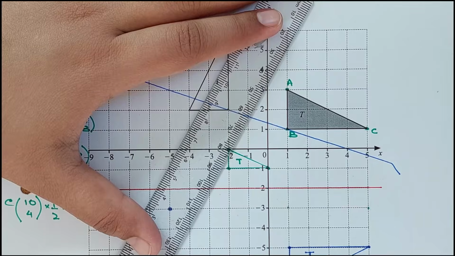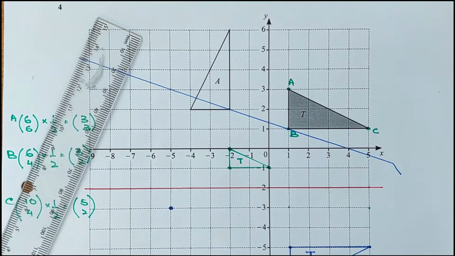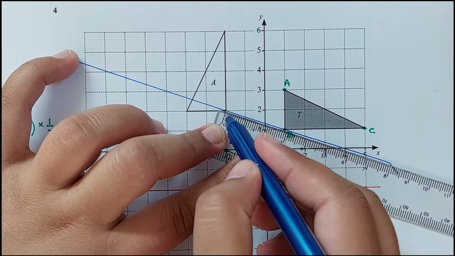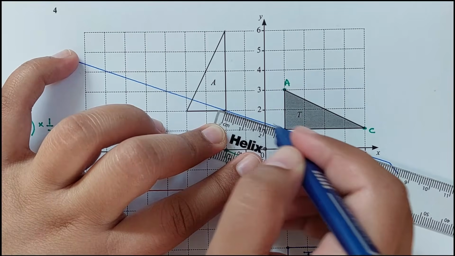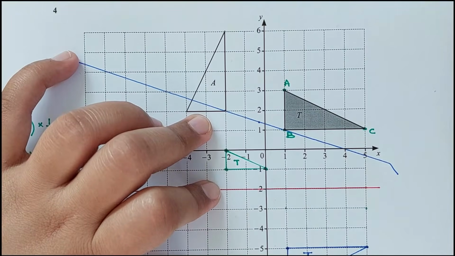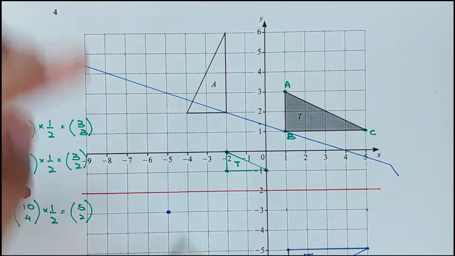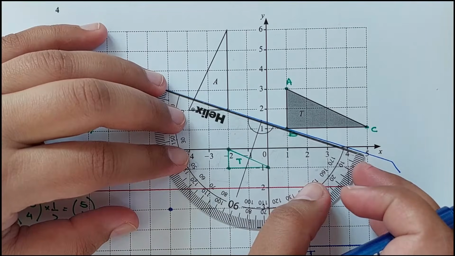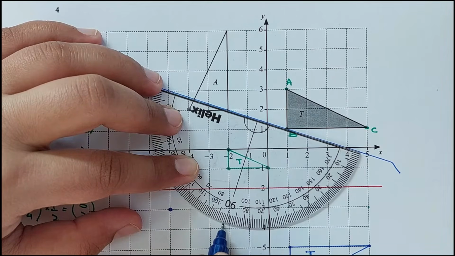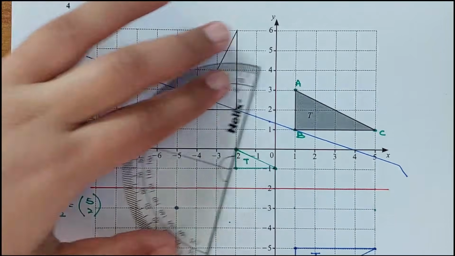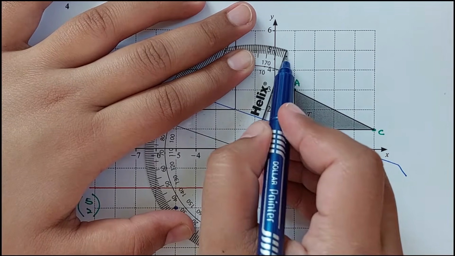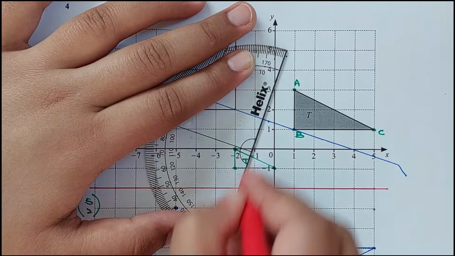For the perpendicular line, we can find the distance between the points first. This is going to be the midpoint. From the midpoint, let me find the line that is perpendicular. This is a perpendicular line.